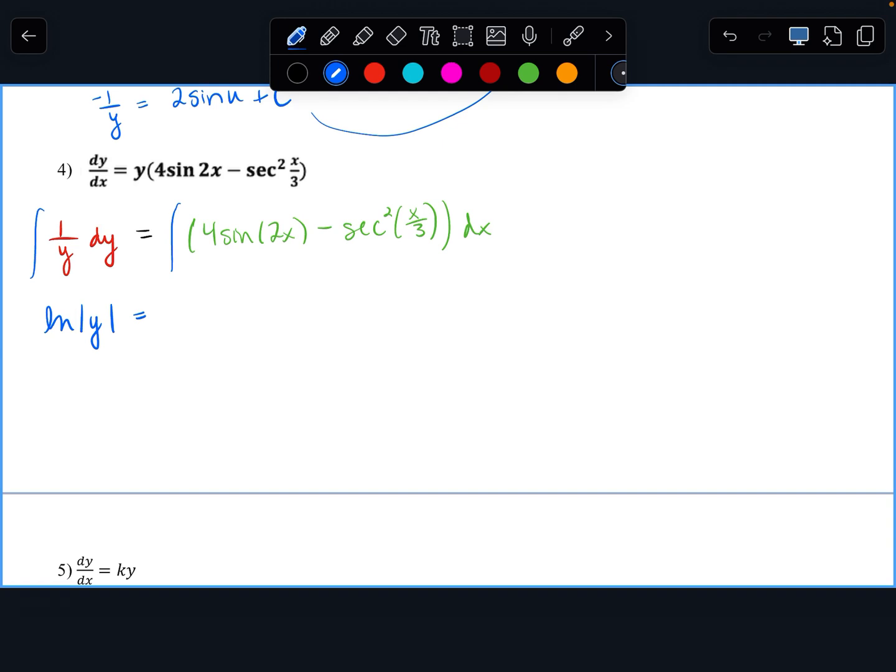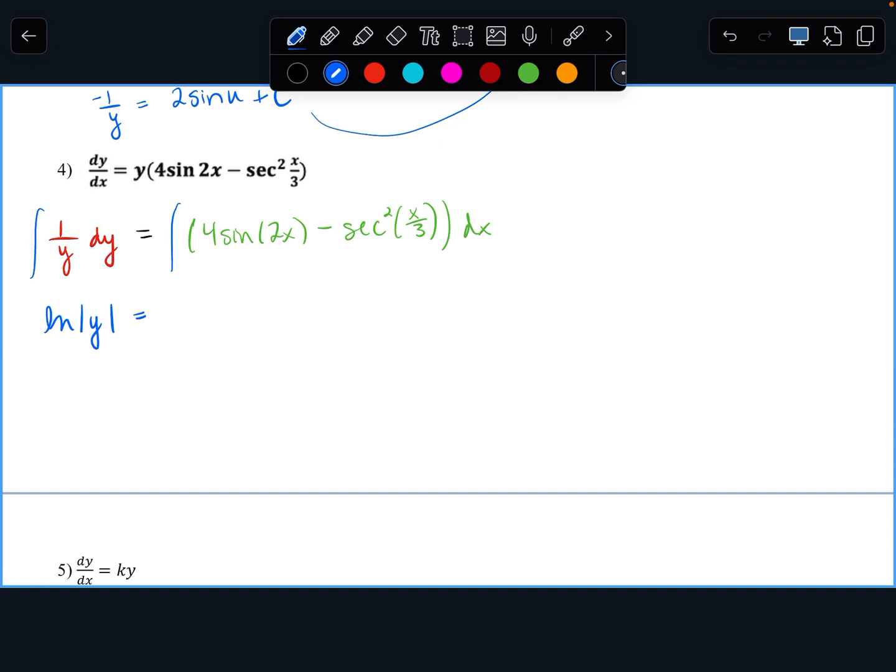Okay. Now, technically, you would have to do 2 U substitutions, correct? 2 U substitutions separately. But I think you guys are at our point. If there's a 2x in there, you're going to multiply by 1/2 to do the antiderivative.